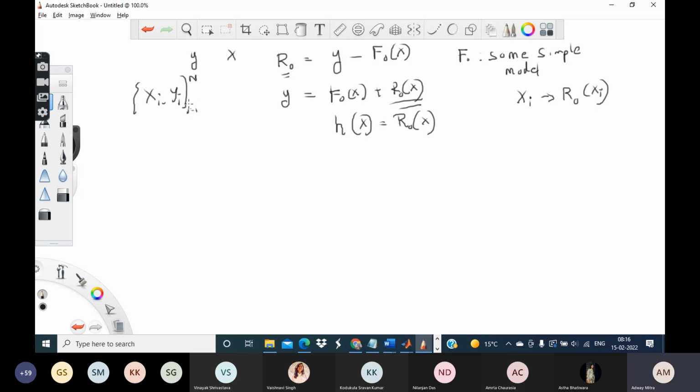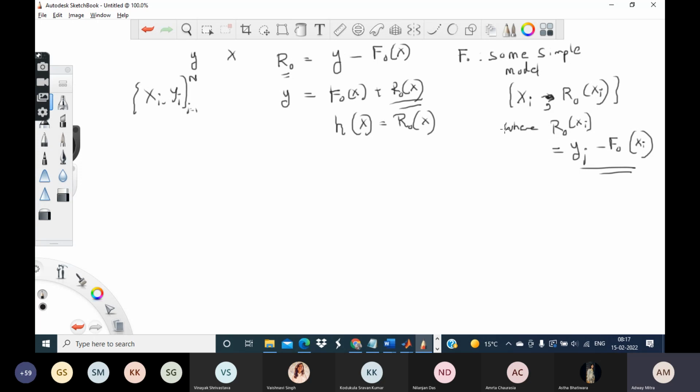Now I create a new data set of this form, xi, r naught xi. That means for every xi, I calculate the value of r naught. That is, I make its prediction using f naught, which is the initial model, calculate the difference from yi, and accordingly define r naught xi equal to yi minus f naught xi. Correct?